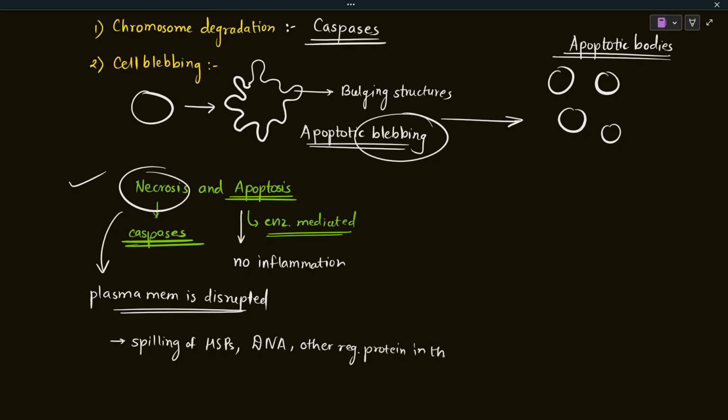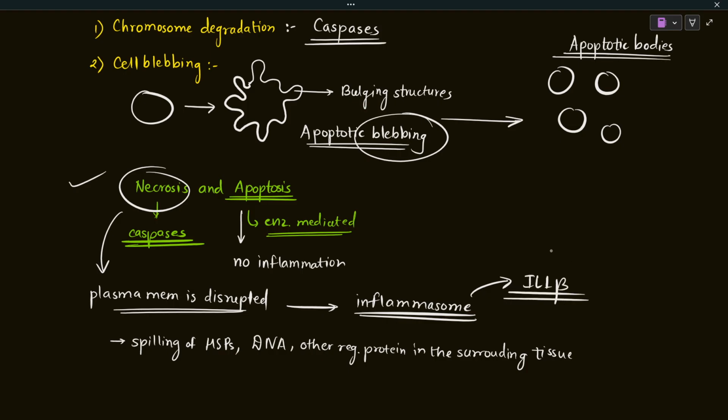So all of those subcellular components will be spilled in the surrounding tissue, which will cause the activation of the inflammasome. So in necrosis, the inflammasome is activated, and this activated inflammasome will release cytokine factors such as interleukin, IL-1 beta, which will lead to inflammation. So necrosis is always associated with inflammation.